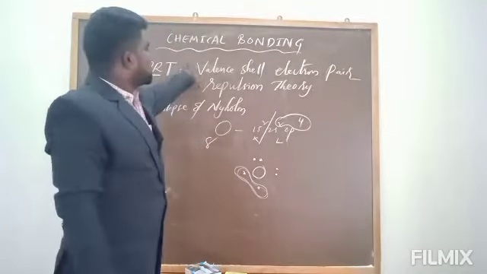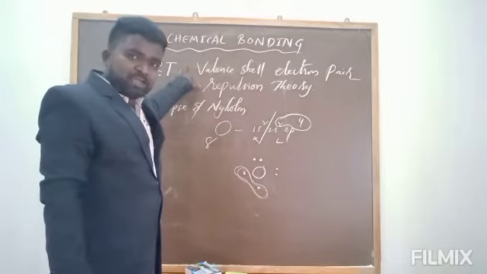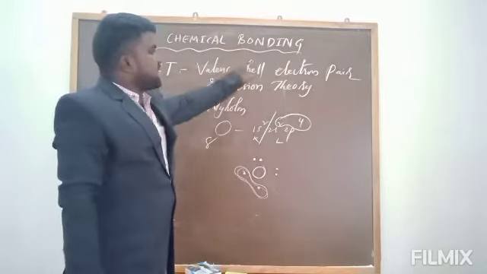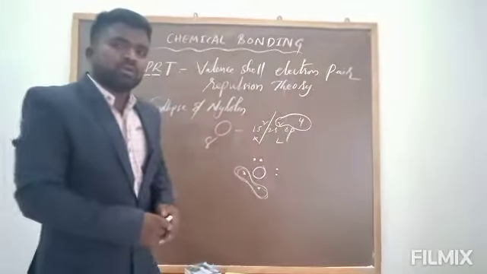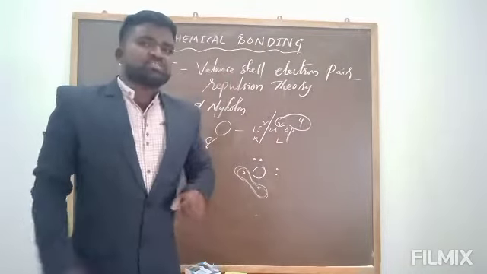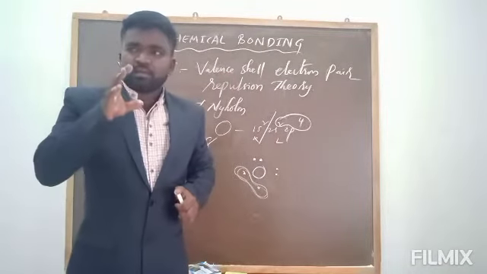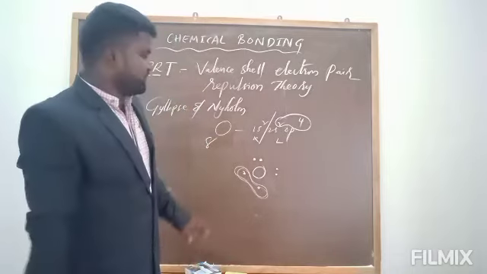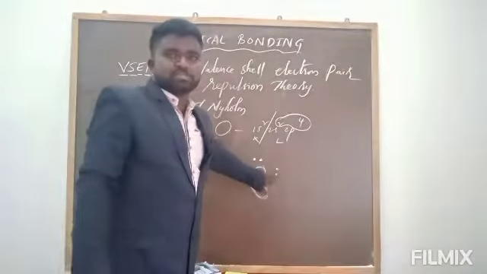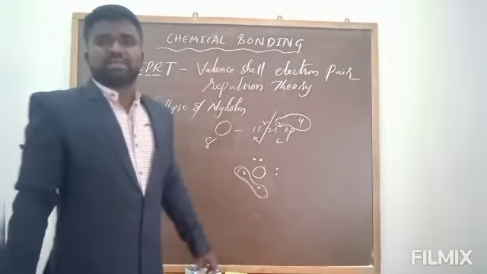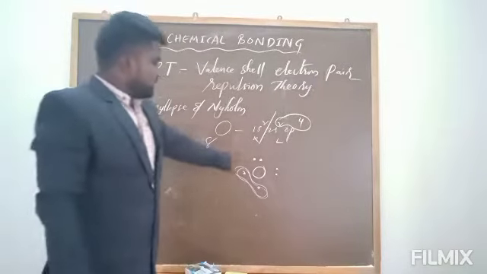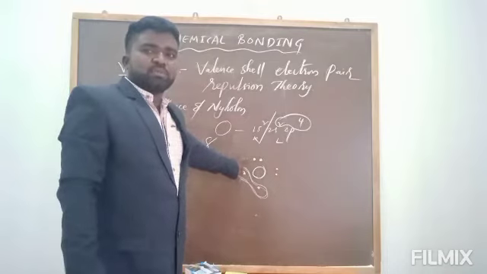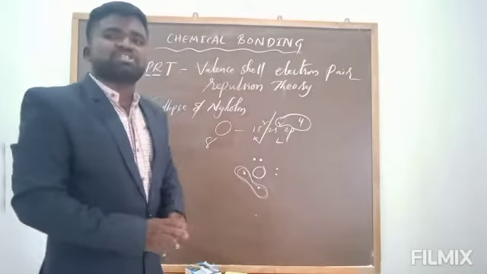But according to VSEPR theory, valence shell electron pair repulsion theory, the repulsions will be there between atoms due to the presence of lone pairs. So if any atom contains a lone pair, there will be a repulsion.